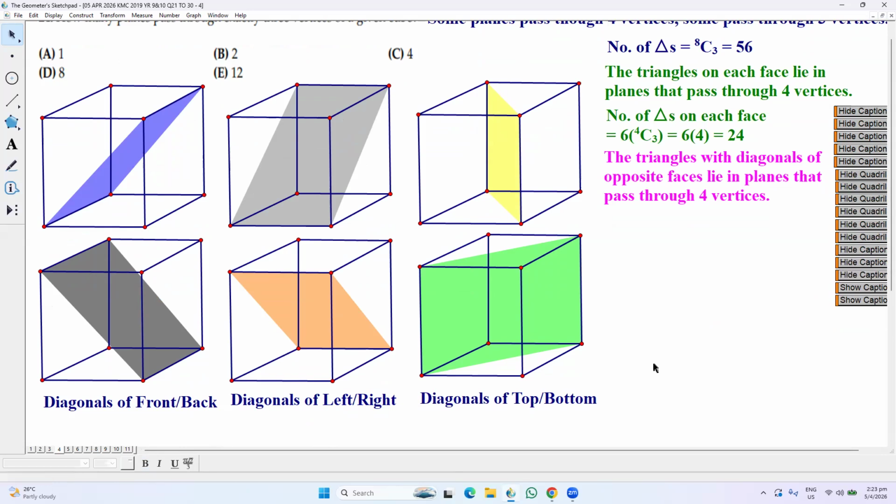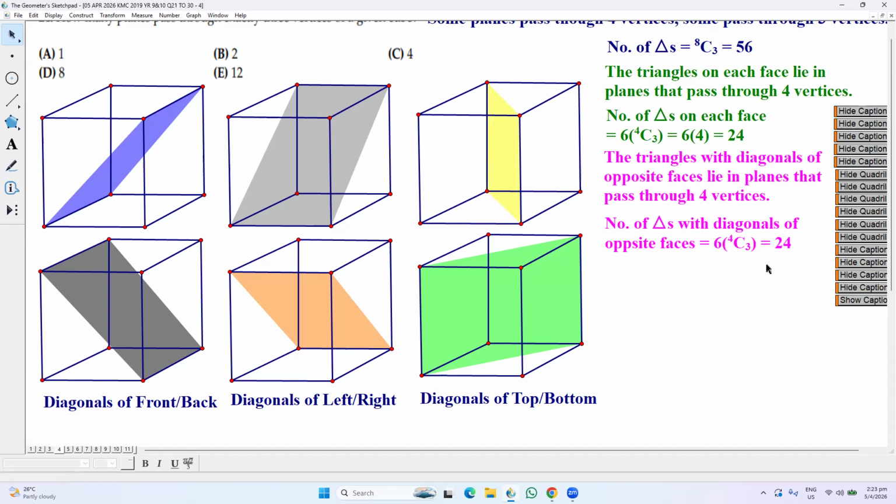So pair the faces, opposite pairs. Each time we choose 4 choose 3, we get a triangle, and there are 6 of them. 6 times 4 is 24. All these will be in the plane with 4 vertices. We also don't want these, so we have to subtract these 2 away.